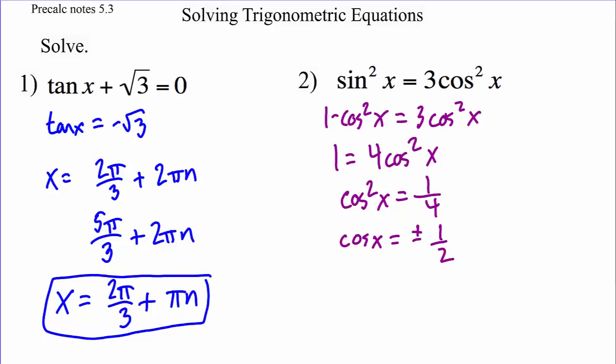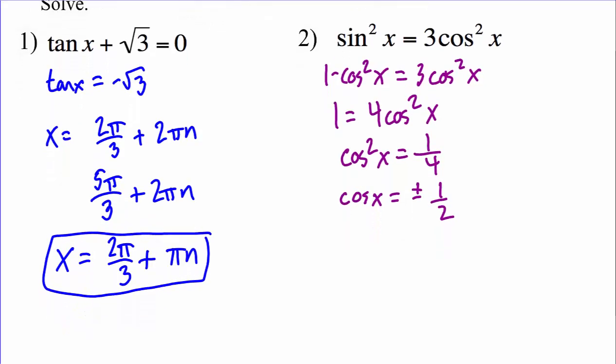All right, so now we know what we're looking for is places where we see a cosine value of plus or minus 1/2, and that actually happens at 4 different places around the unit circle. Those places would be pi over 3 would be the first one. Pi over 3, we'd also see at 2 pi over 3.